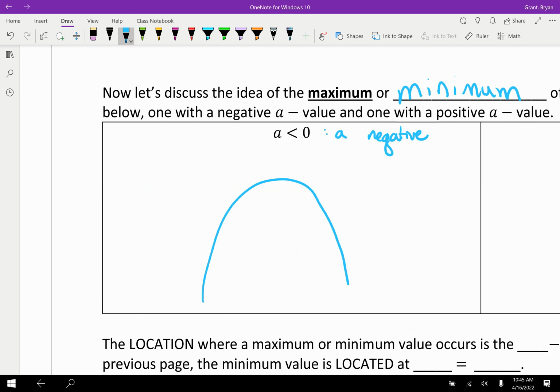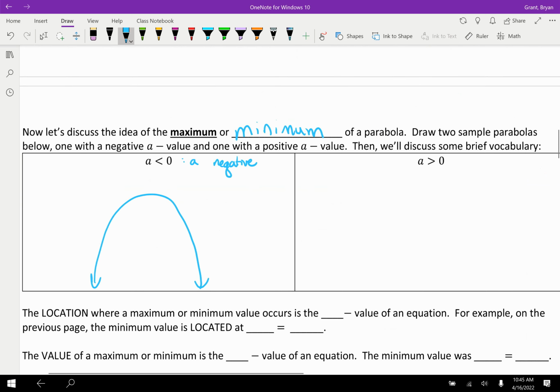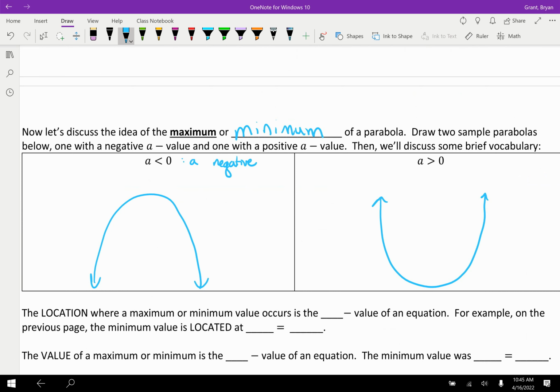It's going to look like this anytime you have a negative a value. However, if you have a positive a value, our parabola is going to open up. You can think slope. If the slope is positive, it goes up. Negative, it goes down. Kind of looks like a smiley face too, or a frowny face.